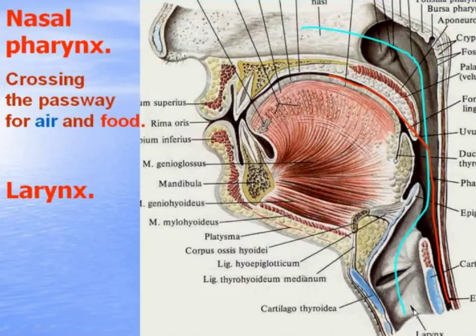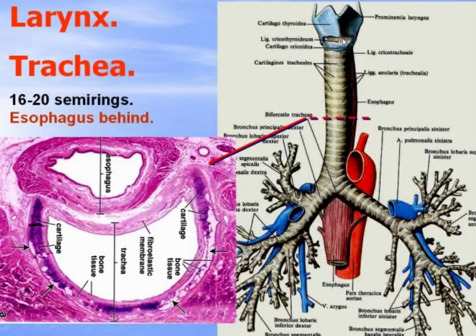It's lined mostly by typical respiratory epithelium, simple stratified columnar ciliated epithelium, with the exception of vocal folds and epiglottis. They are lined by stratified squamous non-keratinized epithelium. From the larynx, the air enters the trachea.